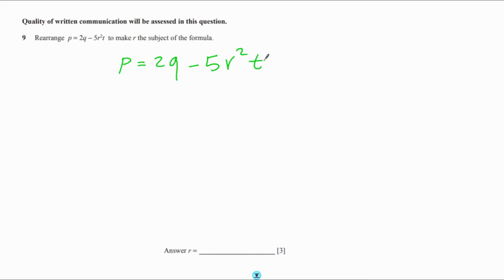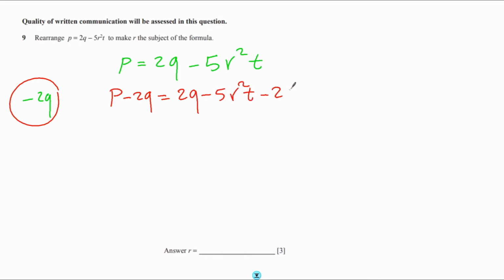I could subtract 2q from both sides. So if we subtract 2q from both sides, this side we will have p minus 2q equals 2q minus 5r squared t minus 2q. And the 2q simplifies, so we have just minus 5r squared t.